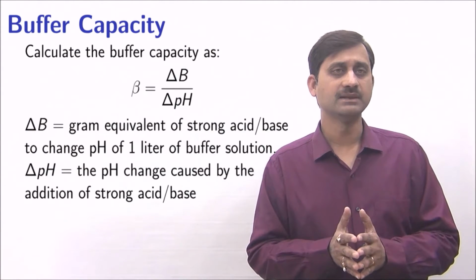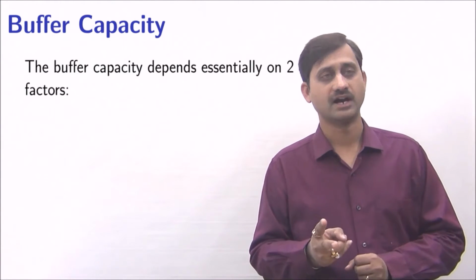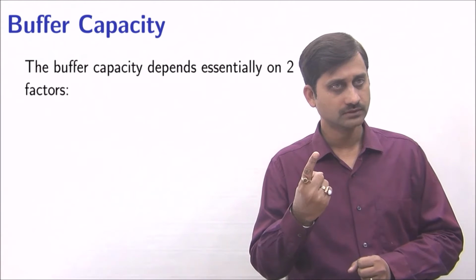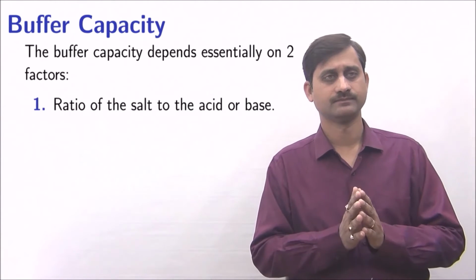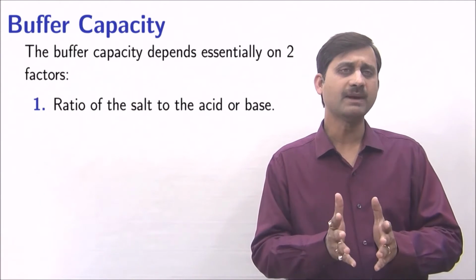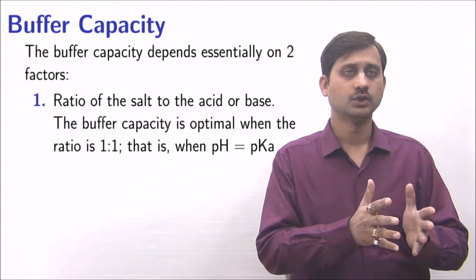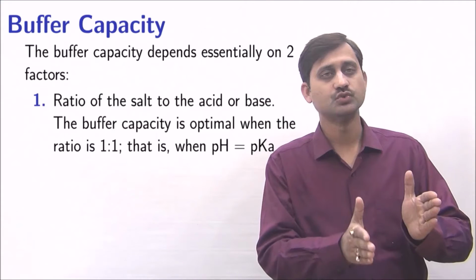The buffer capacity depends essentially on two factors. One, the ratio of the salt to the acid or base. The buffer capacity is optimal when the ratio is 1:1.